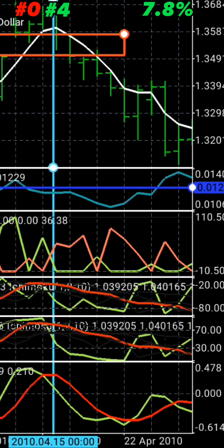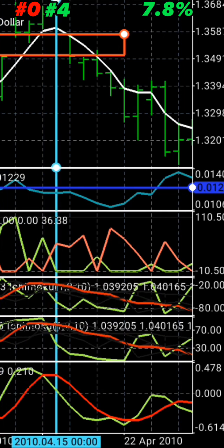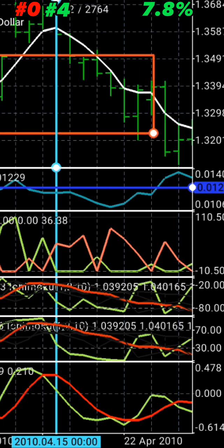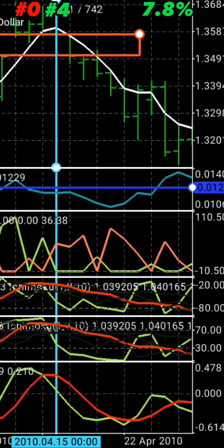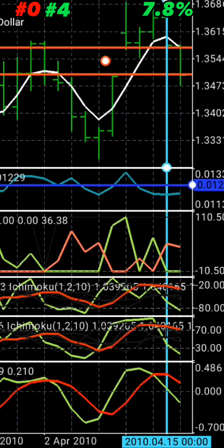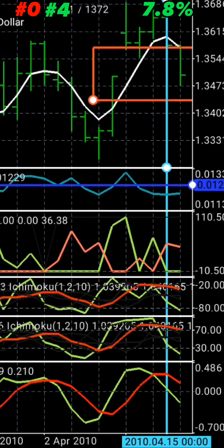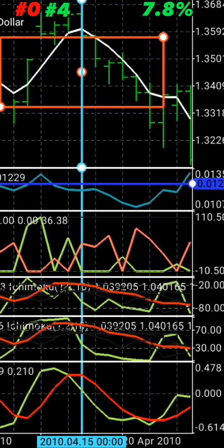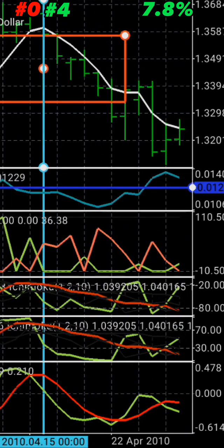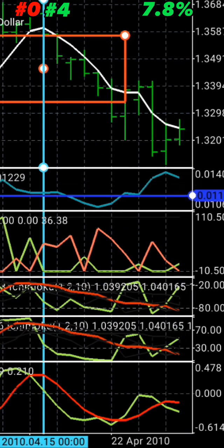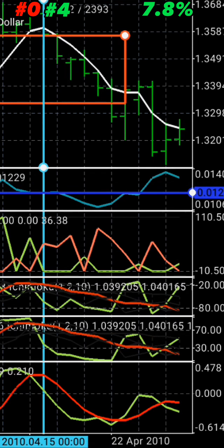So we enter the next trade here. Our indicators tell us to go south, to go short. And if we actually go short, we'll end up with some positive profit, some profits.